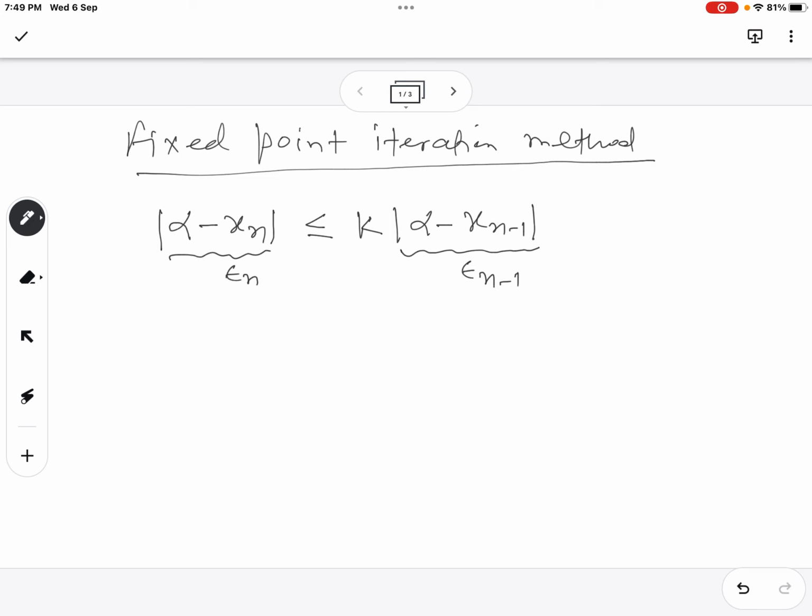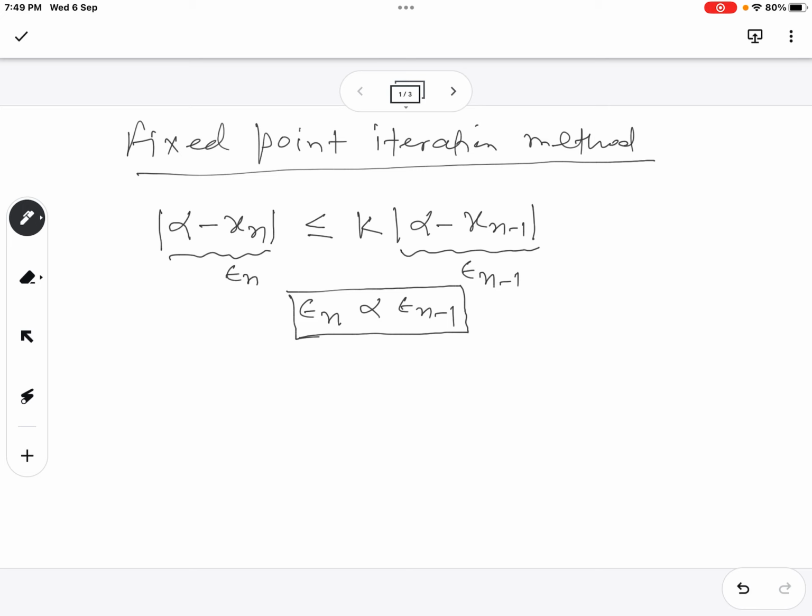What do we see over here? We see that for any two consecutive iterations, En is proportional to En minus 1. That is, the error in the nth approximation is proportional to the error in the n minus 1th approximation.